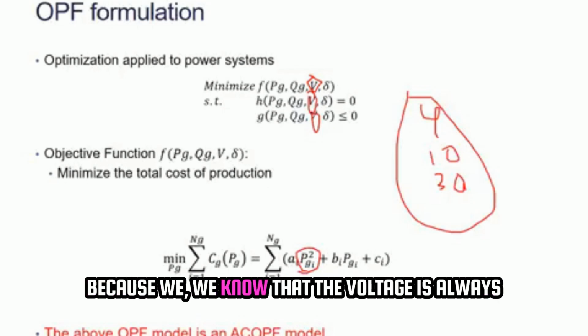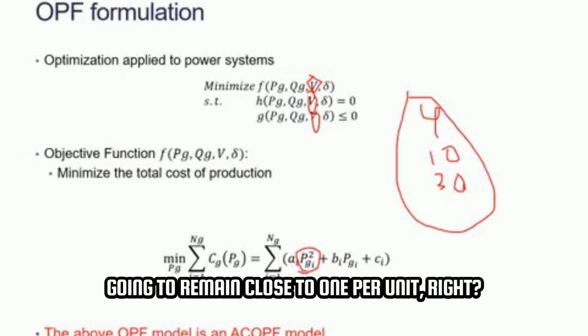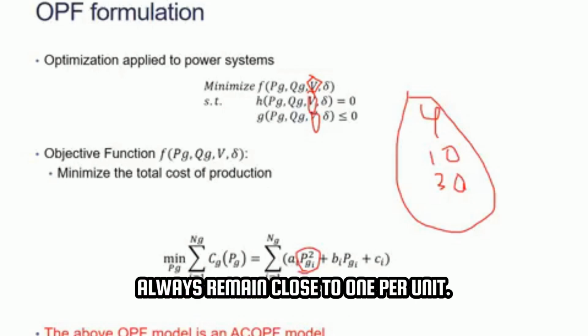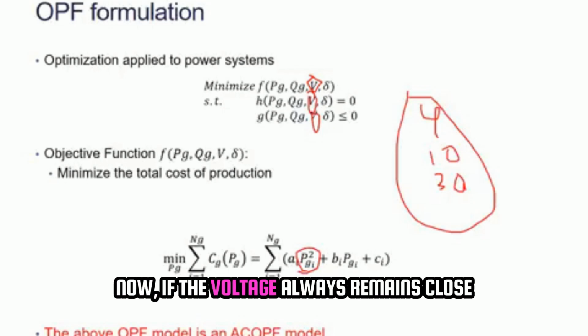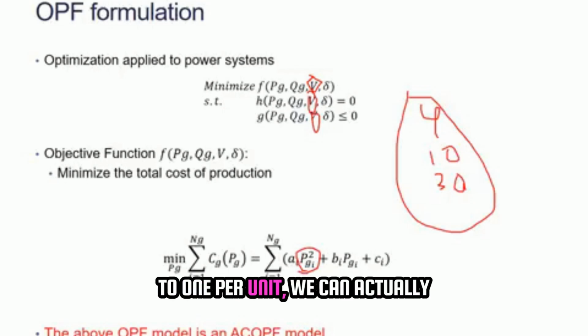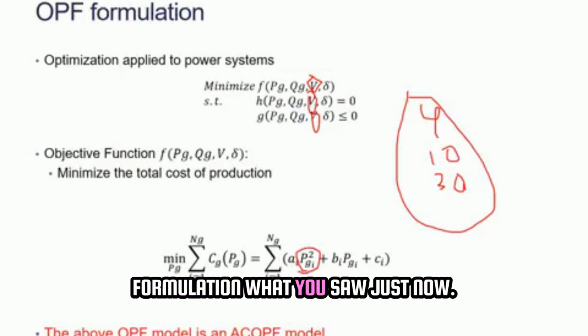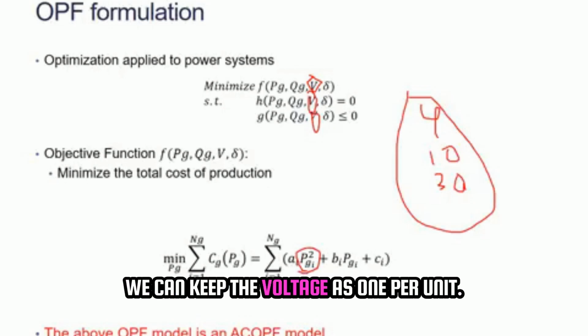Because we know the voltage is always going to remain close to 1 per unit, plus or minus a bit. Now if the voltage always remains close to 1 per unit, we can ignore the voltage and, in the complete formulation you saw just now, keep the voltage as 1 per unit.